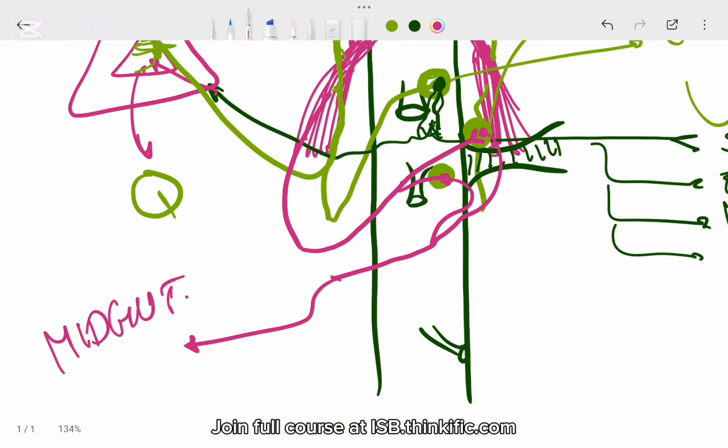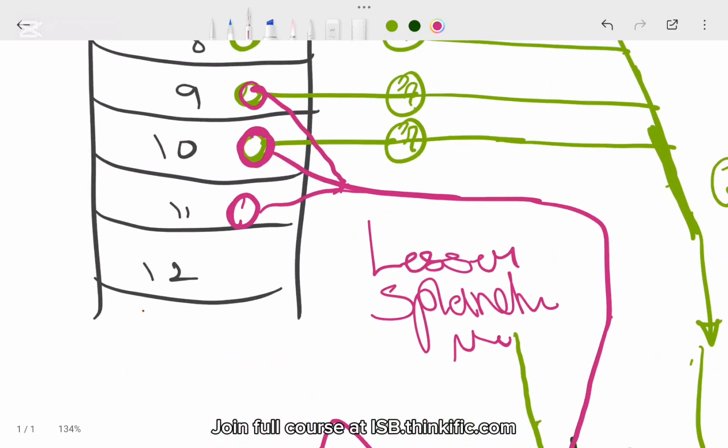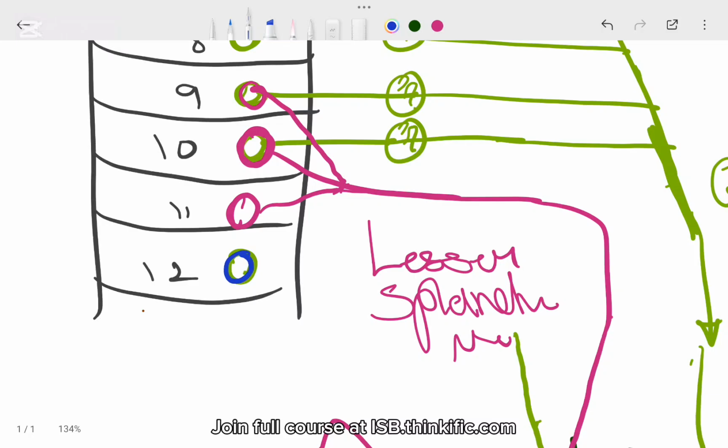Okay, then we have another nerve which comes from T12. I'm going to give it a different color so that we don't get confused. This nerve comes from T12, preganglionic. It also doesn't synapse in the sympathetic chain, and it is called the least splanchnic.